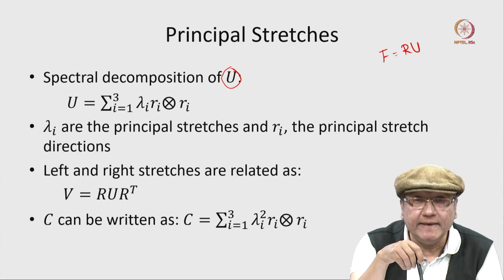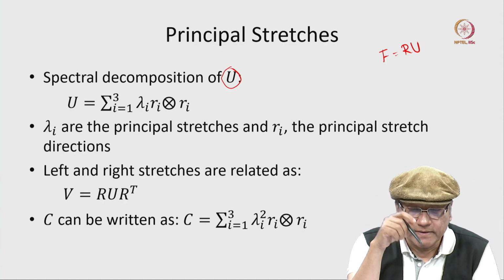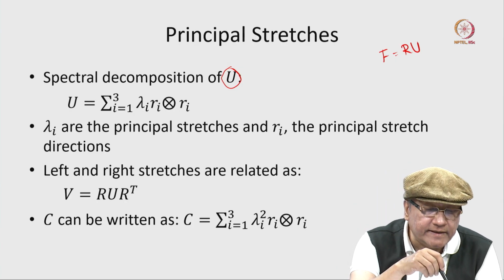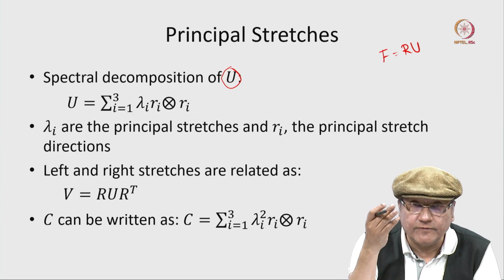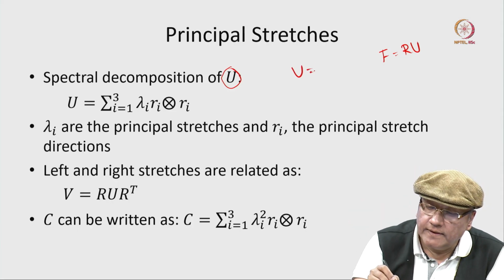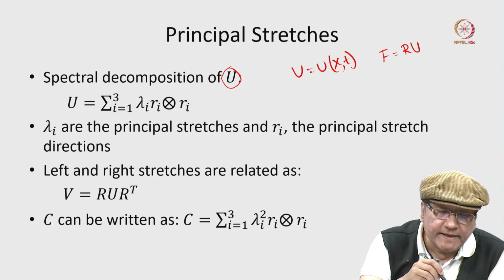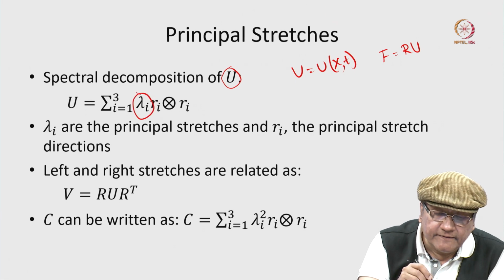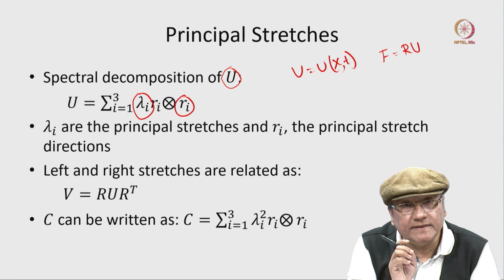Now if you do an eigenvalue analysis of capital U, you will be getting the eigenvalues. This is a 3 by 3 matrix for any x and t. So therefore U is a function of x and t always. So you will be getting the eigenvalues lambda_i and eigenvectors R_i, right.